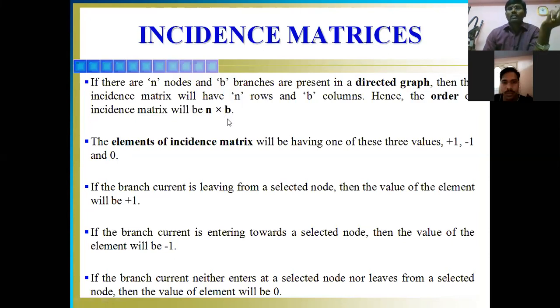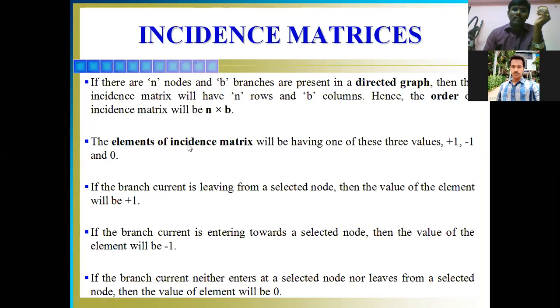Then how do we obtain the elements of the n by b matrix? The elements of the incidence matrix will have either +1, -1 or 0.